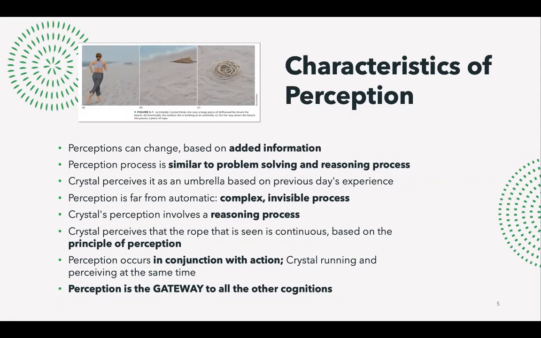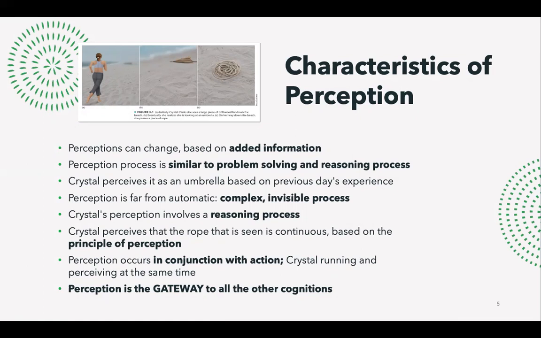Next, Crystal's experience also demonstrates how arriving at a perception can involve a process. It took some time for Crystal to realize that what she thought was driftwood was actually an umbrella. So it is possible to describe her perception as involving a reasoning process, right?